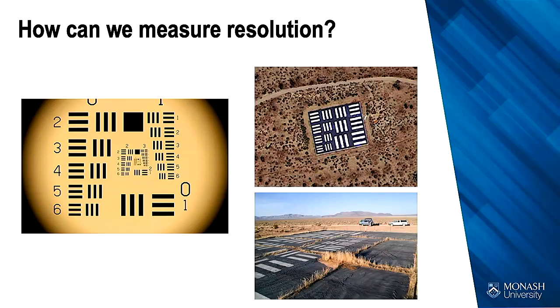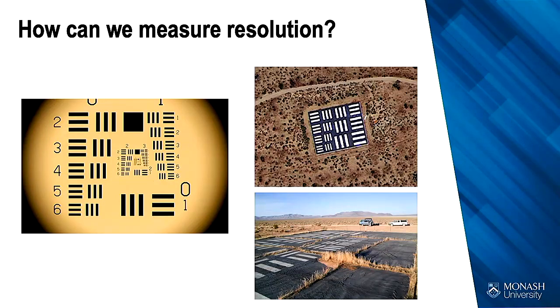So here's an example of a resolution target, and this is the standard, a 1951 standard US Air Force resolution target on the left. Essentially what you do is take an image of something like this. So this has a lot of line pairs, and they are decreasing in size, getting closer together. And so you can see ones you can resolve them, and ones you can't, and that will give you your limit.